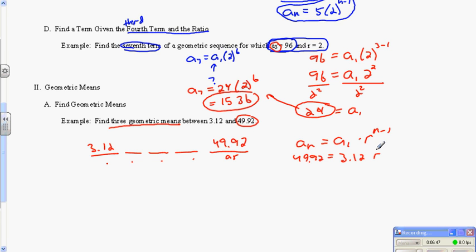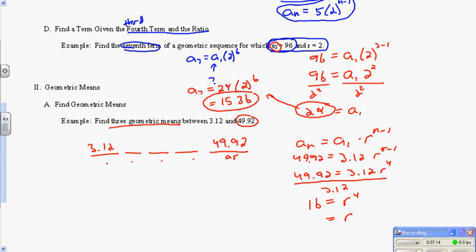We said it was our 5th term, so it's 5 minus 1. And we can solve this for r. So we have 49.92 equals 3.12 times r to the 4th. Divide both sides by 3.12. We get 16 equals r to the 4th.